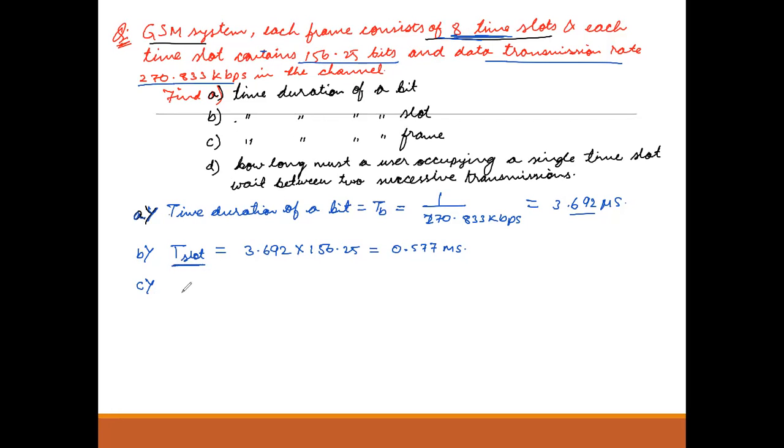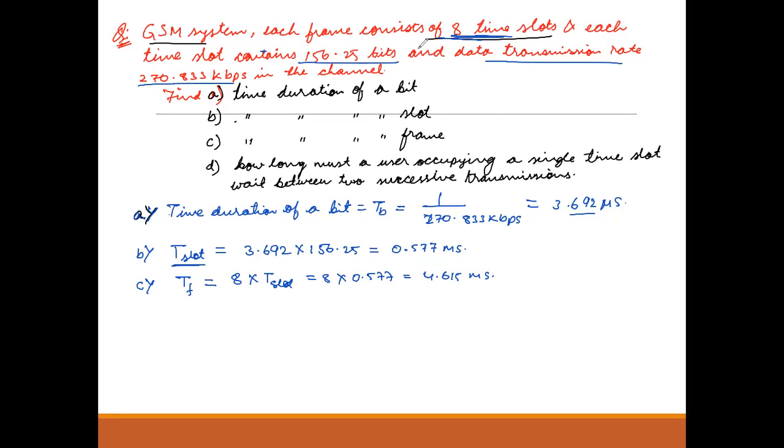So we will have the frame time, that is TF. एक frame का जो timing होगा वो कितना होगा, 8 हमारे पास time slots हैं एक frame में, और एक time slot का जो period है वो T slot है. So it will be 8 into 0.577. Okay, so it will be approximately 4.615 millisecond.